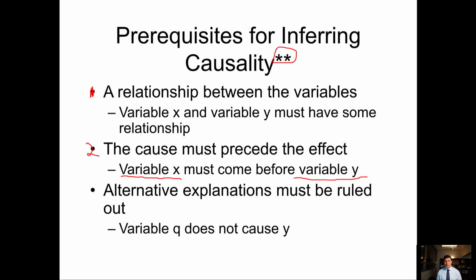And then the third, which is the most difficult prerequisite to get, is that you have to rule out all alternative explanations. So you have to rule out that maybe they played with candy cigarettes because their parents smoked, and their parents smoking might be the reason that they smoked. There might be other causal factors.